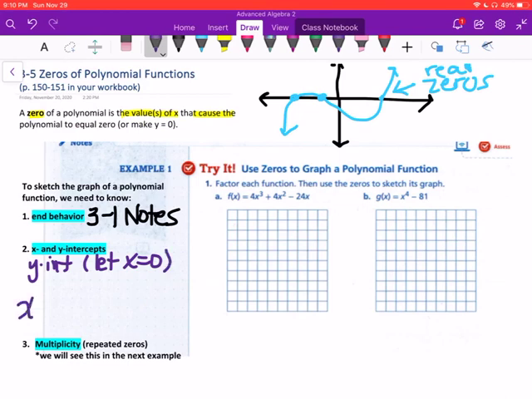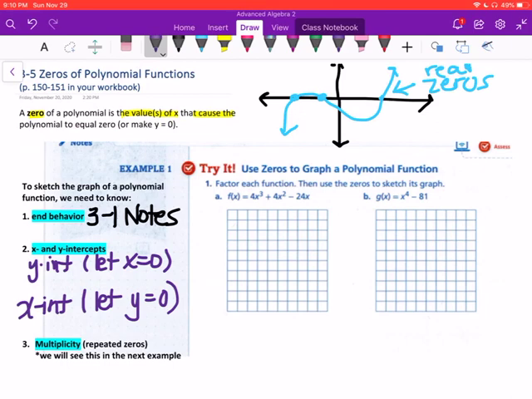For the x-intercept, you need to let y equal 0 and then solve for x. Then you'll need to figure out something about multiplicity, which is repeated zeros, and we'll explore that more in the next example, but these first 2 graphs are based on those first 2 ideas of end behavior and x and y intercepts.